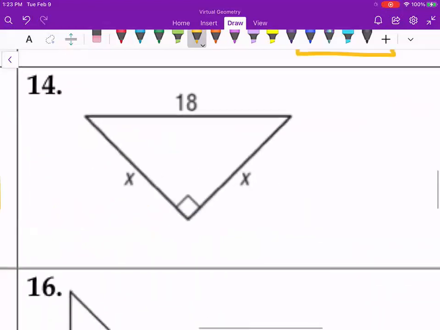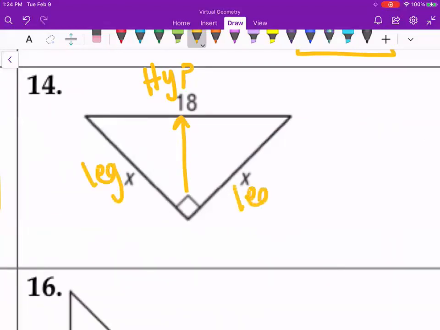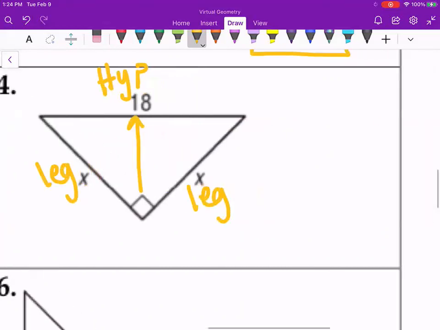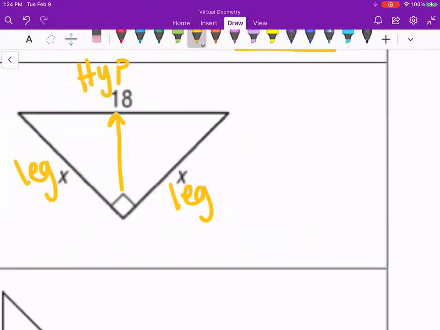All right, 14 is a little different. Again, across from the 90 is the hypotenuse. This time our hypotenuse does not have a square root 2 in it, and there's nothing wrong with that. But the other two have got to be your legs. Notice they're both an x, so it doesn't matter which one we solve for.